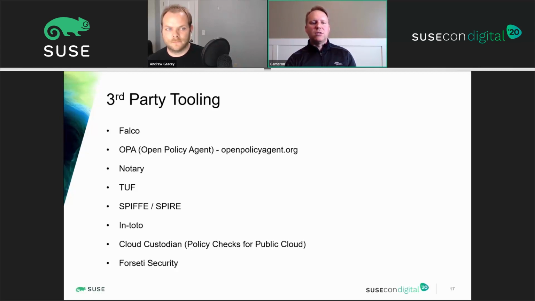That's really what Cloud Custodian was built for, because it goes out and does policy checks within your public cloud environments, all the major ones, from Google to Azure and Amazon. It was built specifically for public clouds to lock them down, so you don't have any open policies that can allow an attacker to get access to your environment.